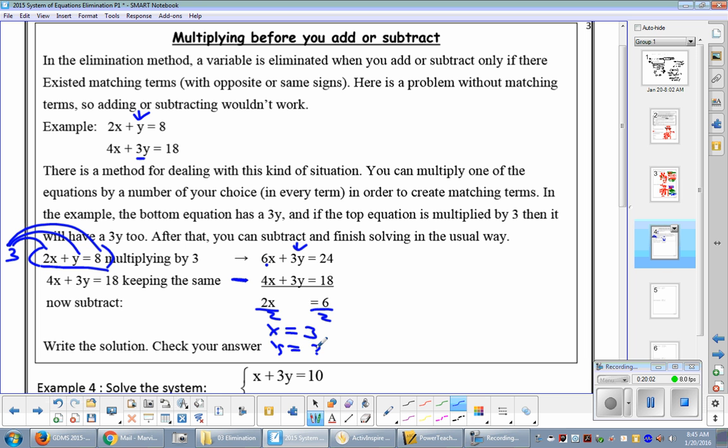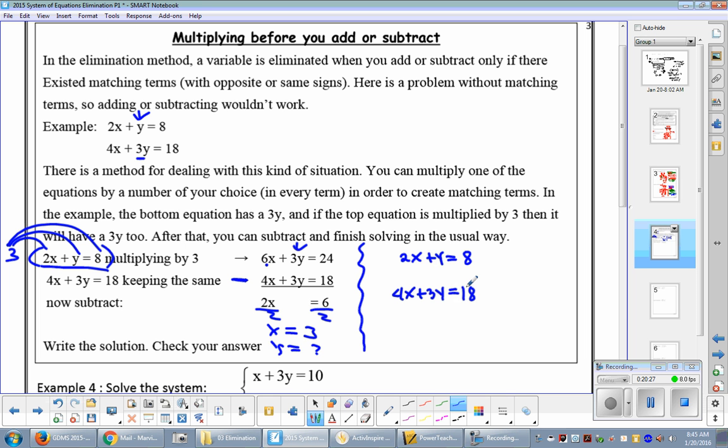Now, what if we would like to eliminate our x? Let me just rewrite this. I have 2x plus y equals 8, and here 4x plus 3y equals 18. If we would like to eliminate x, we want them to have the same coefficient.